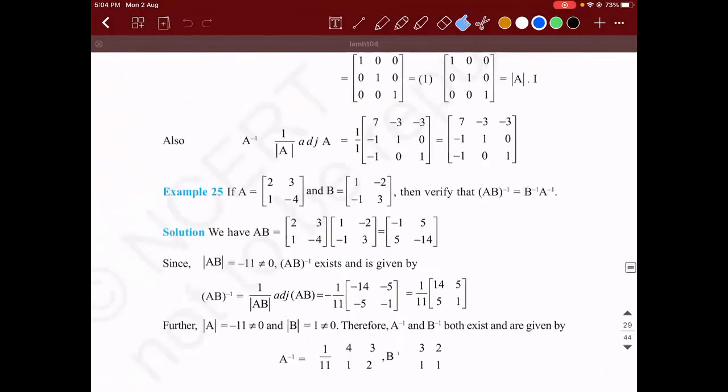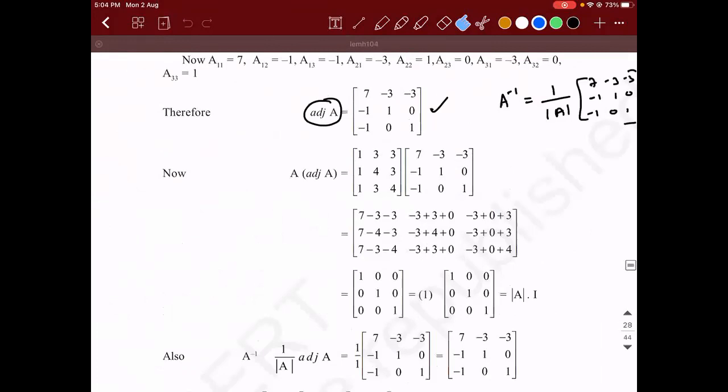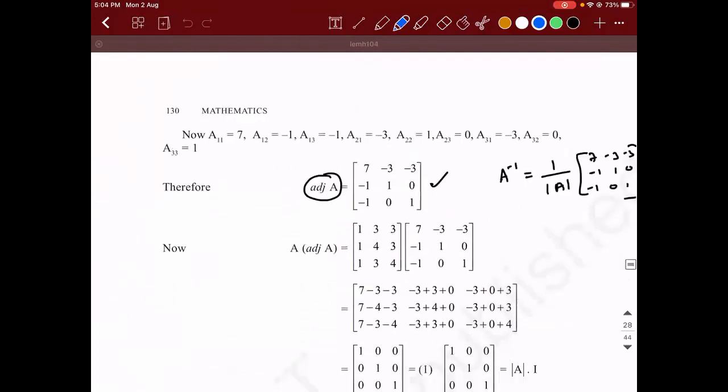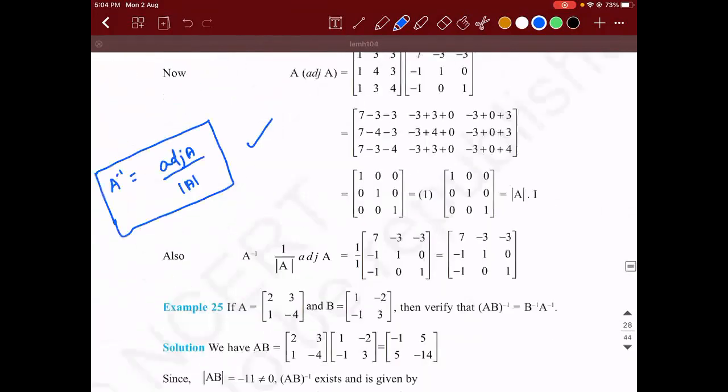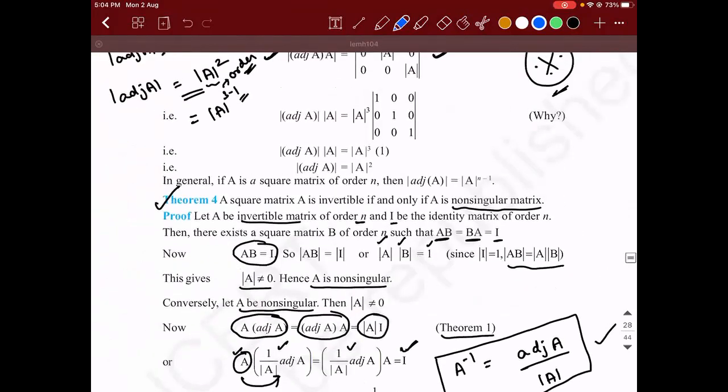So I hope you guys remember how to find the inverse using adjoint. What is it? A inverse is equal to adjoint of A divided by the determinant of A. Then we saw some properties of inverse, right?